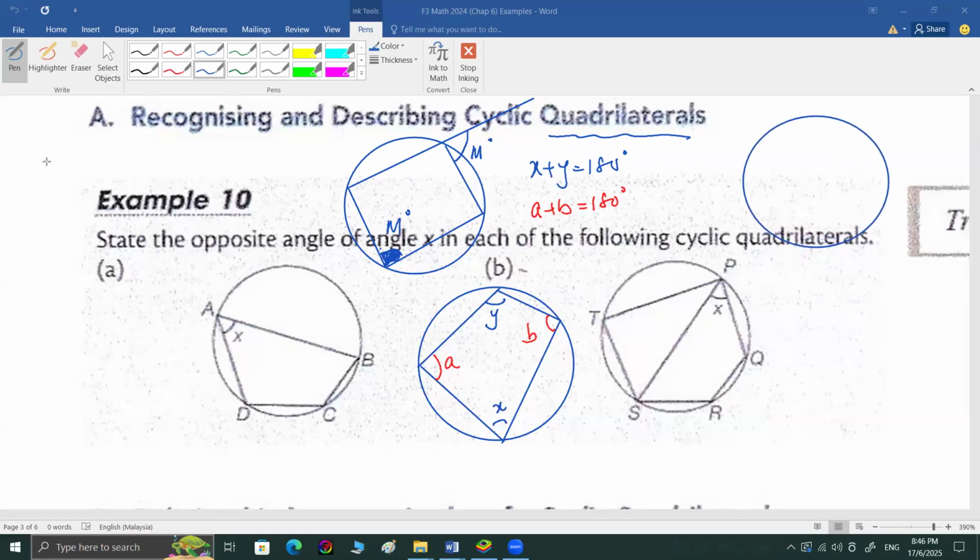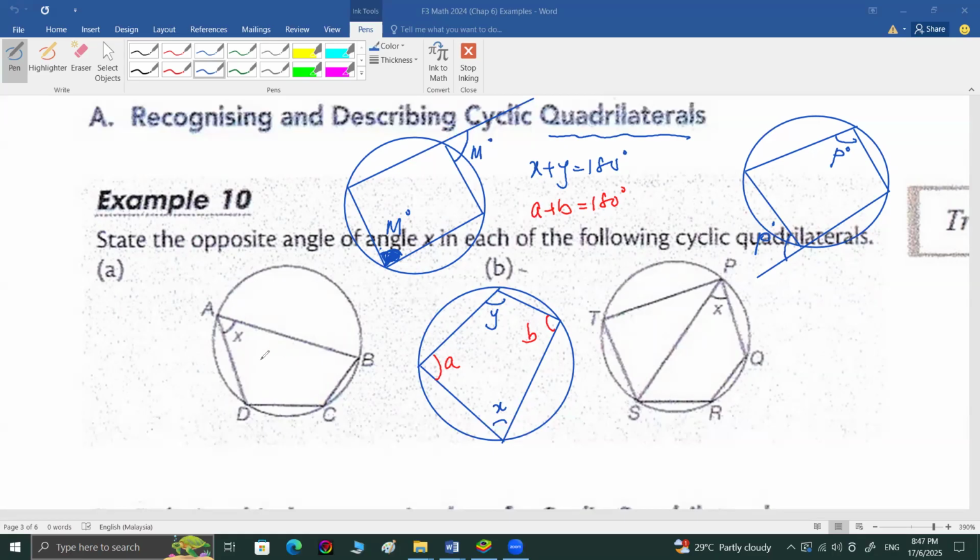Any cyclic quadrilateral, if I extend it outside, the angle here, let's say this is P, is the same as outside here. Got it? Okay, this one we call what? Cyclic quadrilateral.